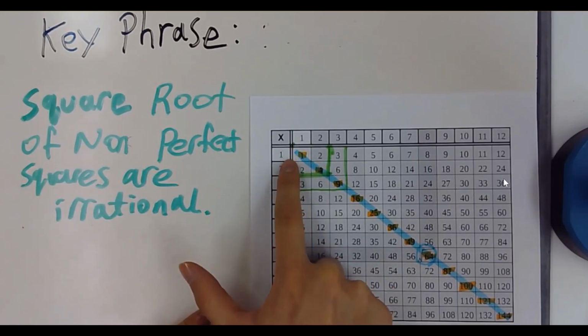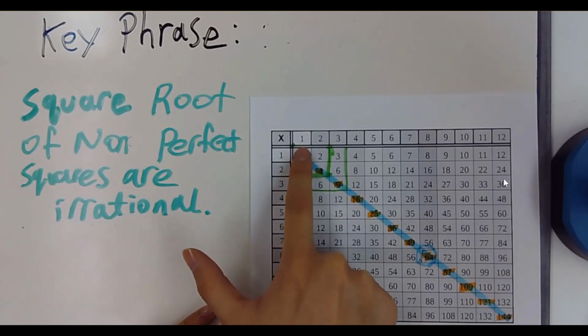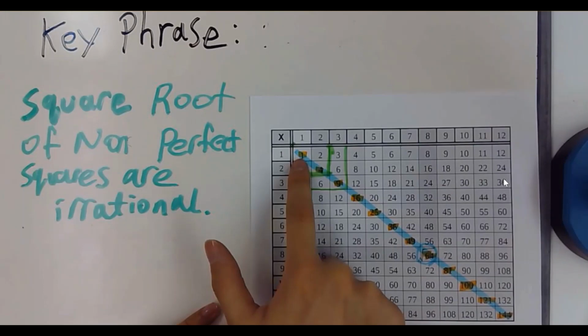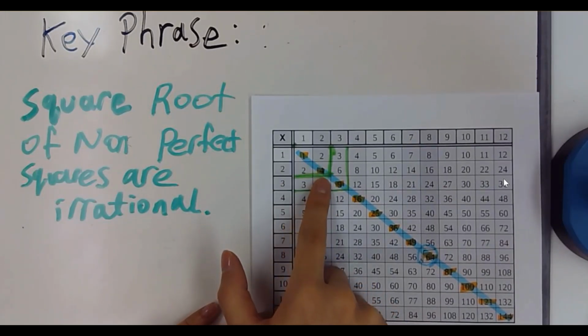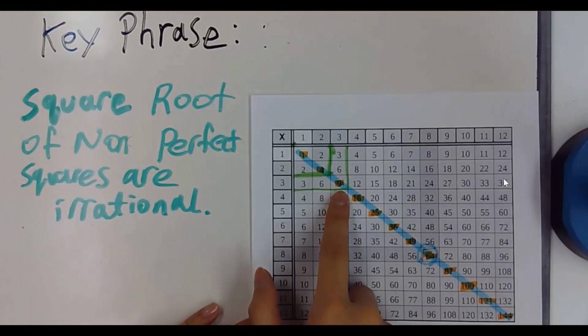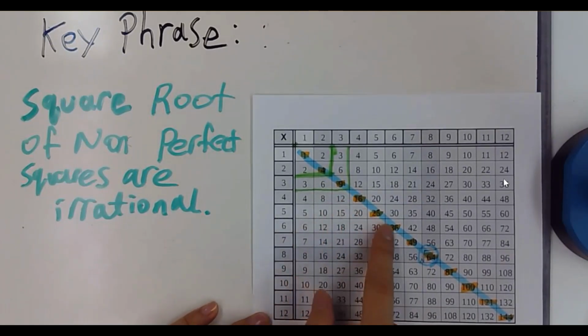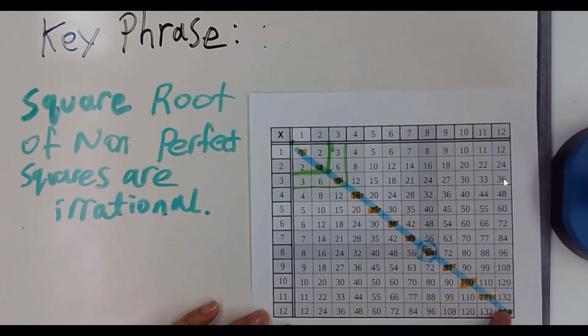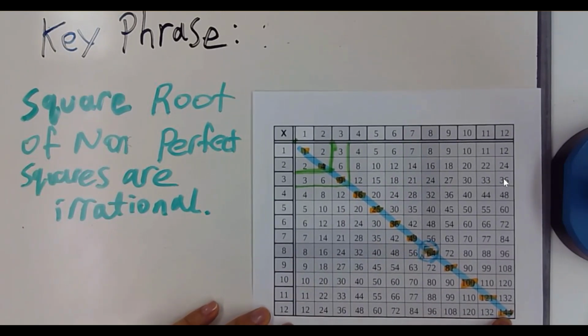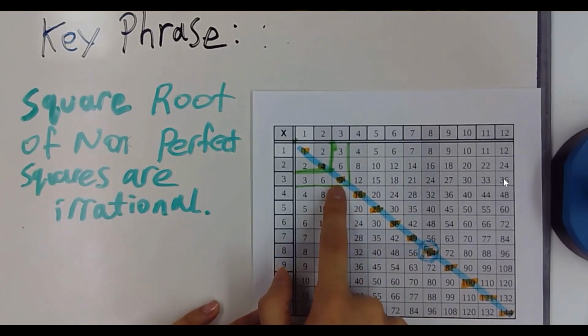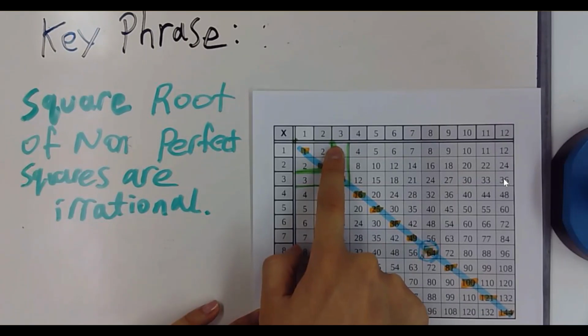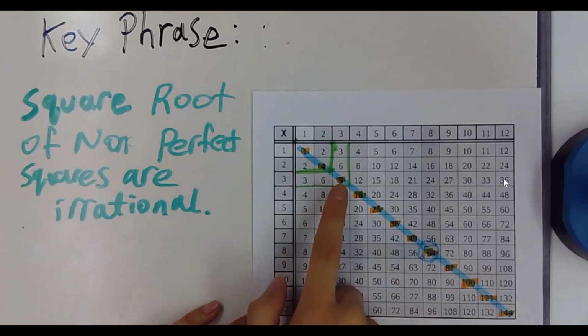When the two numbers are whole, we get a perfect square as the result. So 1 is a perfect square, 4 is a perfect square, 9 is a perfect square, and all the numbers on this blue diagonal are perfect squares. And we can find the square root by going up to figure out what number got multiplied by itself to get the original number.